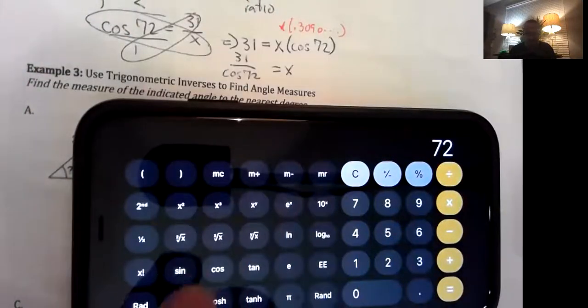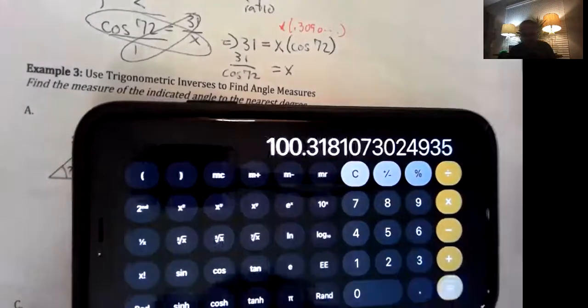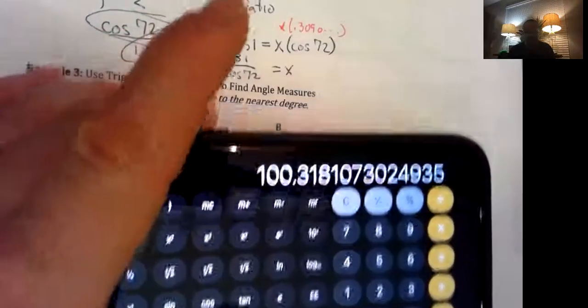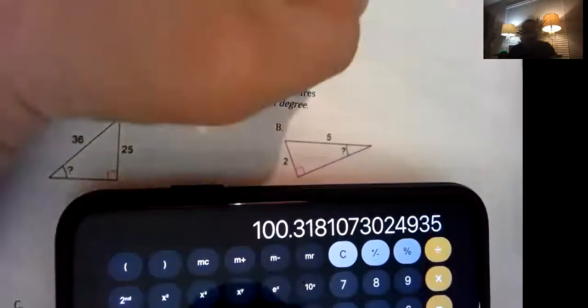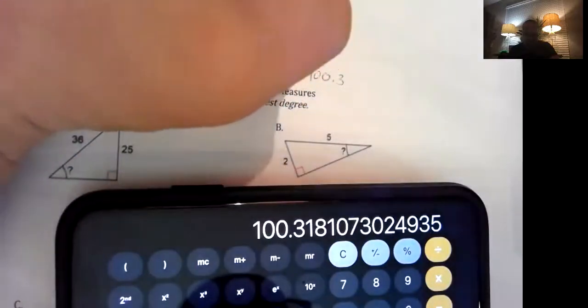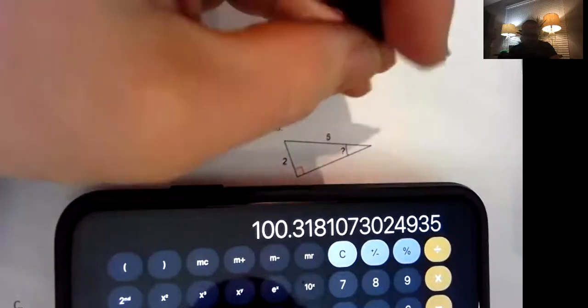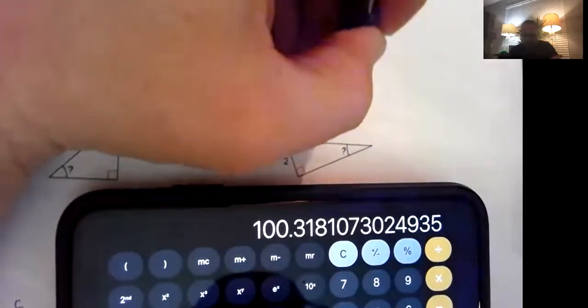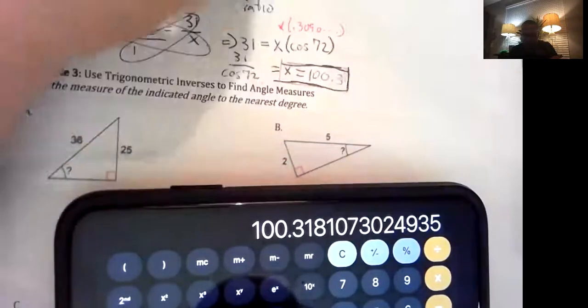Don't hit equals, hit cosine, then equals there. So x would be 100, and then we'll just say 0.3. It doesn't give us any specification of when or where to round.